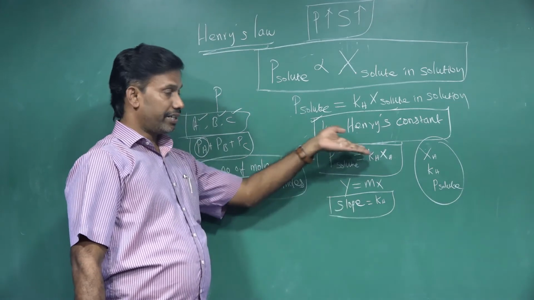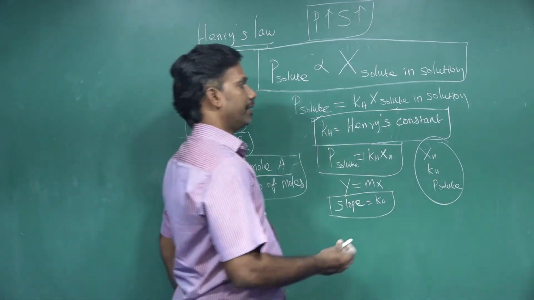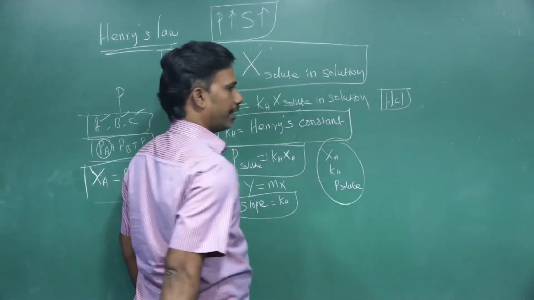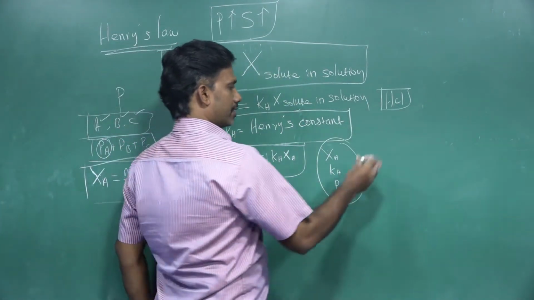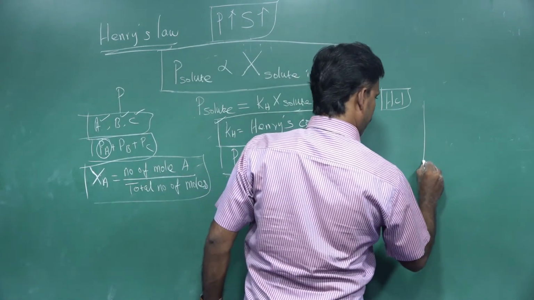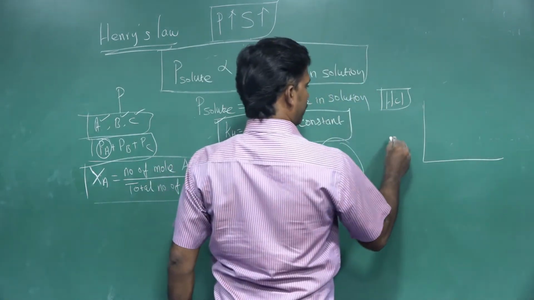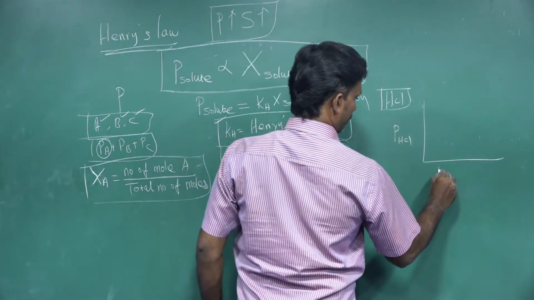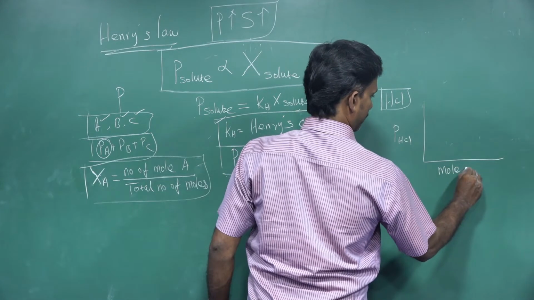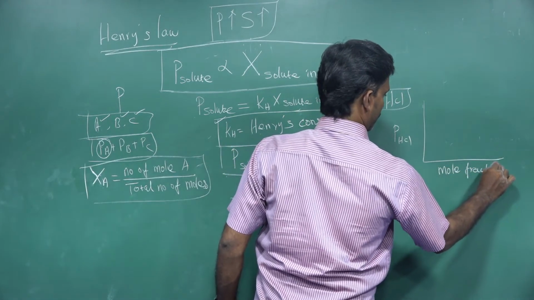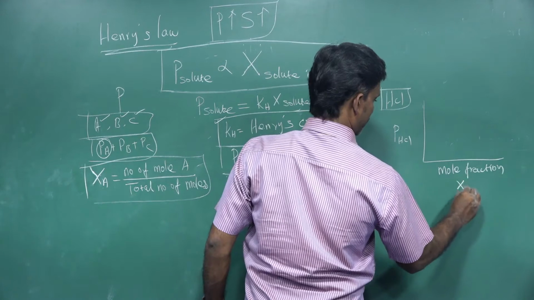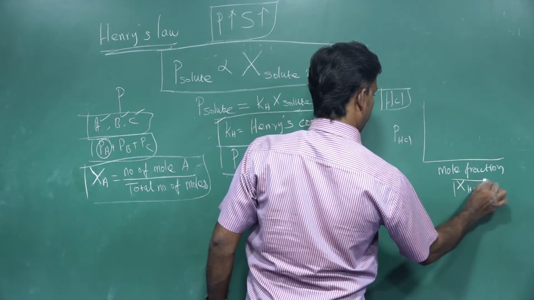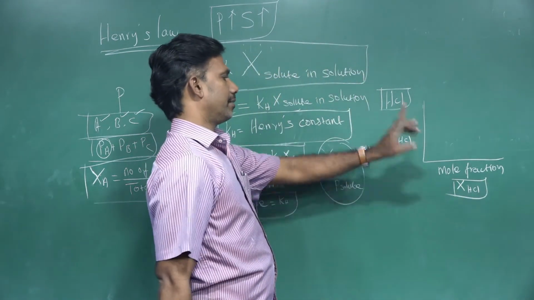If graphical data is given, you may consider HCl gas. If you draw a graph between the partial pressure of HCl and the mole fraction of HCl, X HCl, I am simply writing A in the formula, meaning anything, but here I am taking HCl.